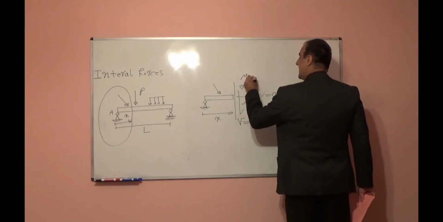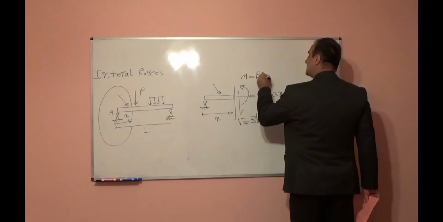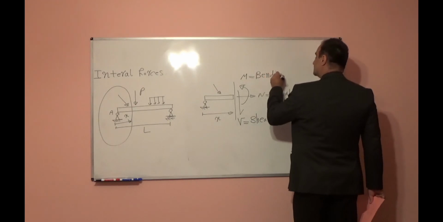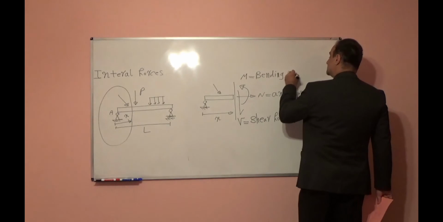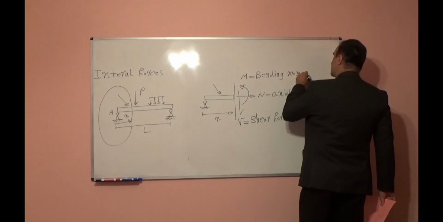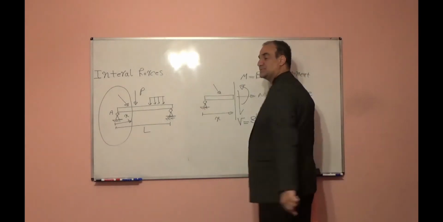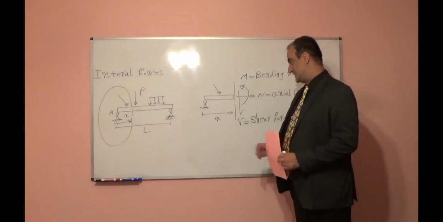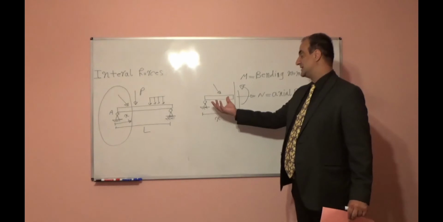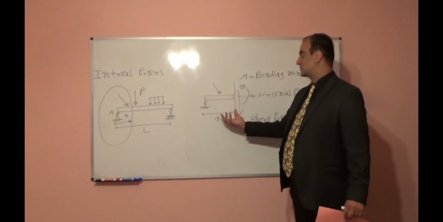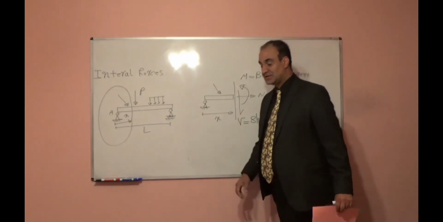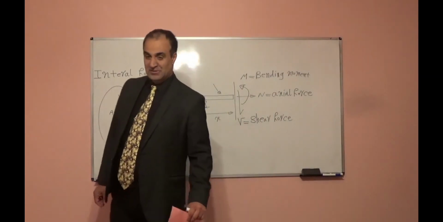We show it with M, and it is called bending moment. This bending moment prevents this part of the beam from rotating. So if this part of the beam is not able to move in the x direction, the y direction, or rotate, it will be in equilibrium.